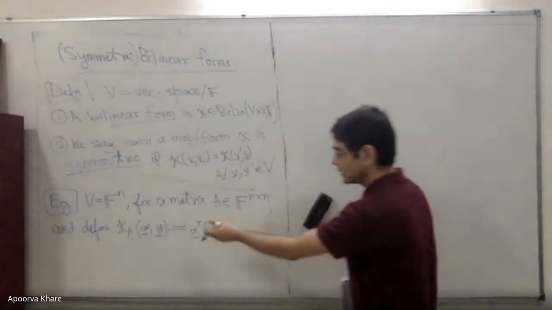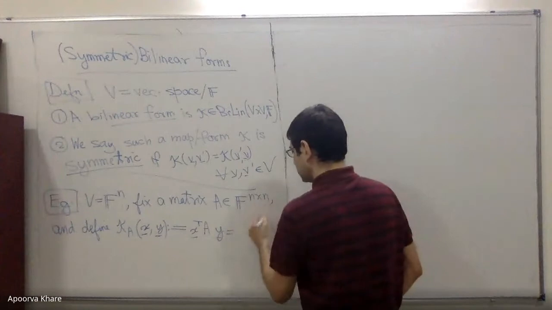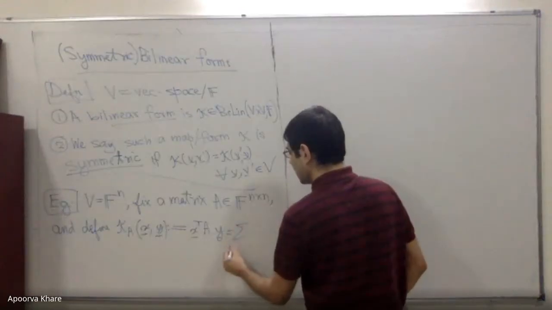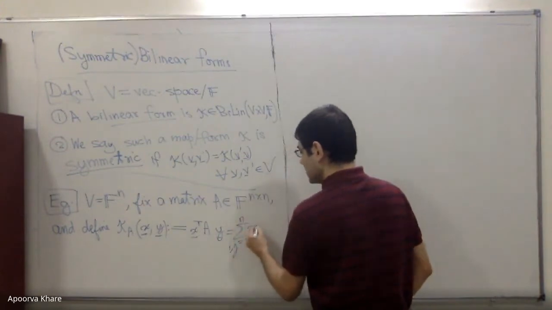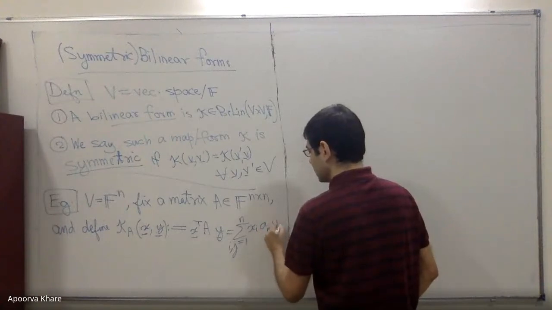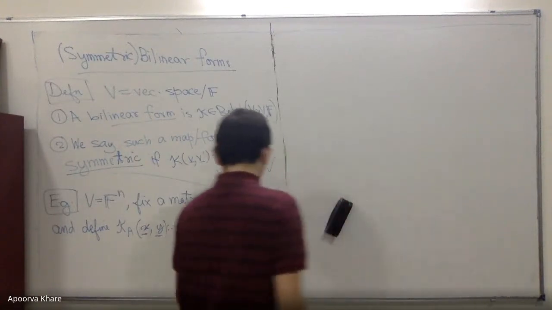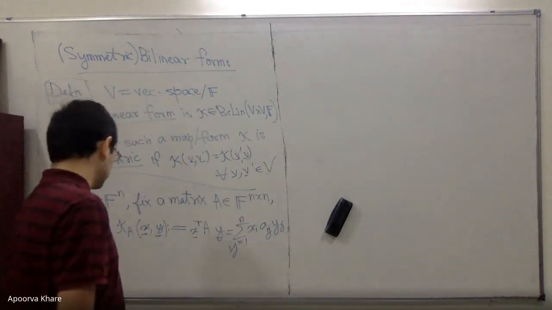So what is this? You can expand and check. This is literally a summation over i and j, both going from 1 to n, of x_i A_ij y_j. This is obviously easy to check by now. Okay, so that's the definition.